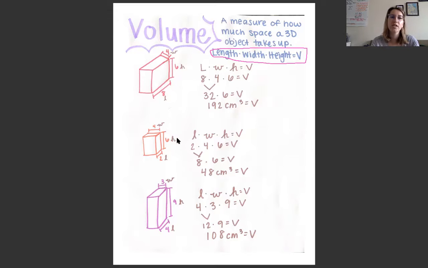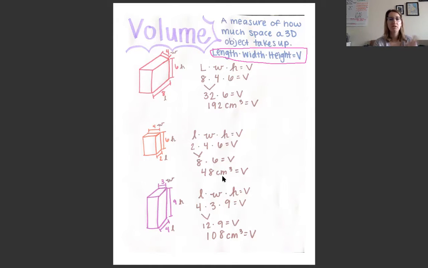So the next one, here's our next shape, a little bit smaller numbers, okay? Our length here is 2, our height here is 6, and our width again is 4. So we plug in our numbers and do 2 times 4 is 8. Bring down the times 6, and 8 times 6 is 48. Centimeters cubed.